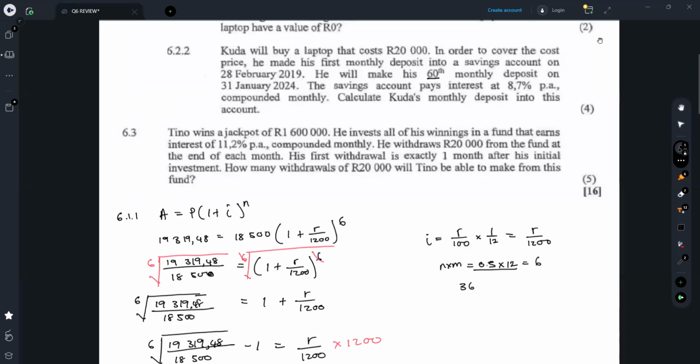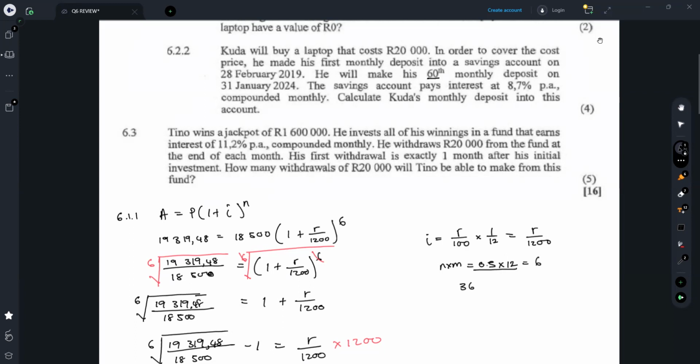My good people, I do not want you to be confused when it comes to this. Tino wins a jackpot. When does Tino get the money? Tino gets this money now, isn't it? So now we want to find out. He's going to invest these winnings into a savings account.